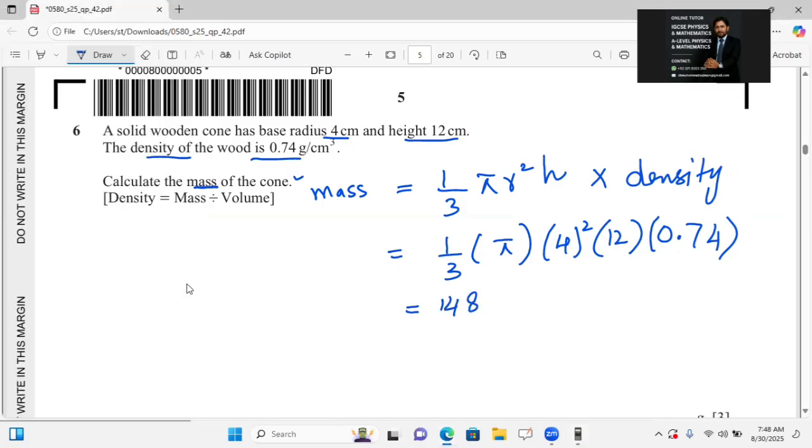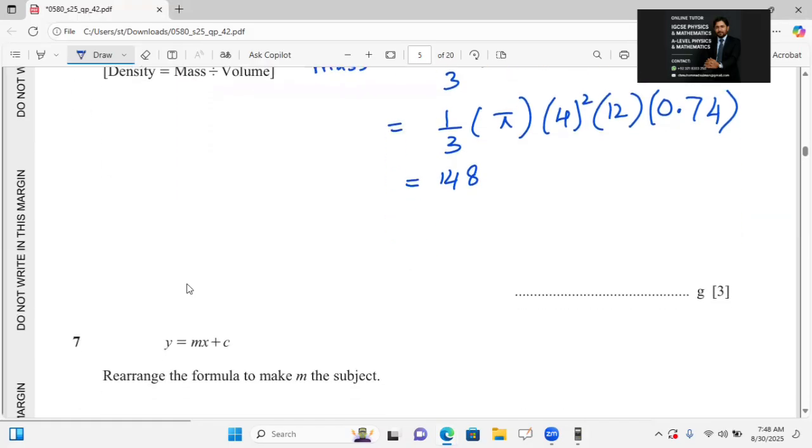Mass will be taken in grams over there. So I'm rounding it off to 148 grams for this.